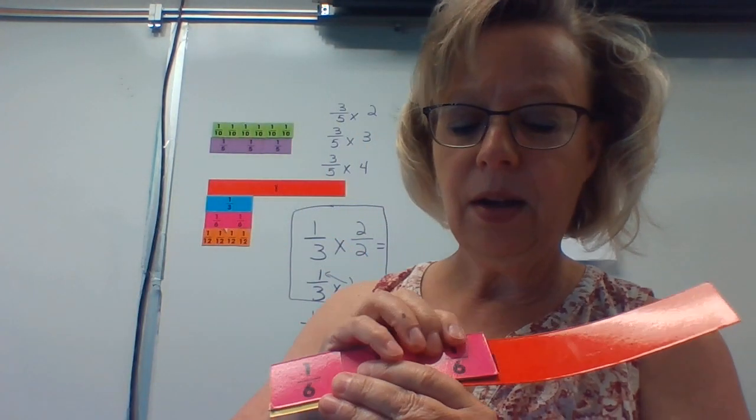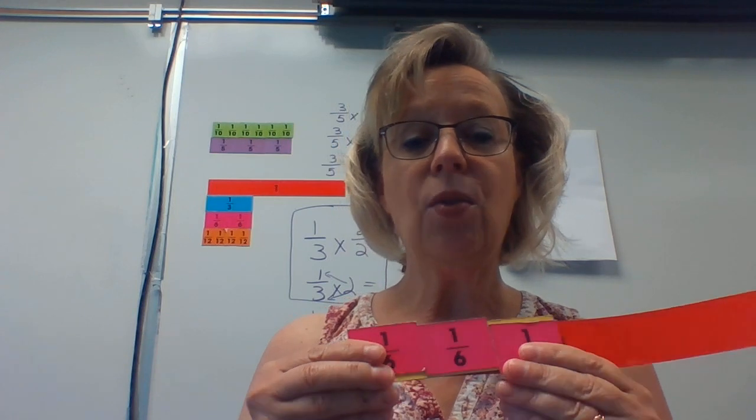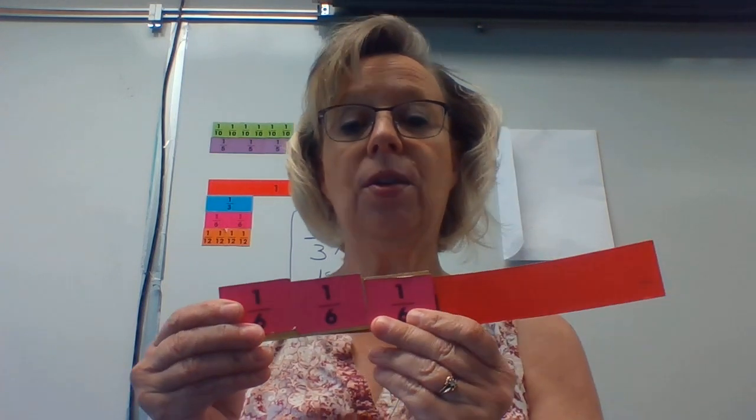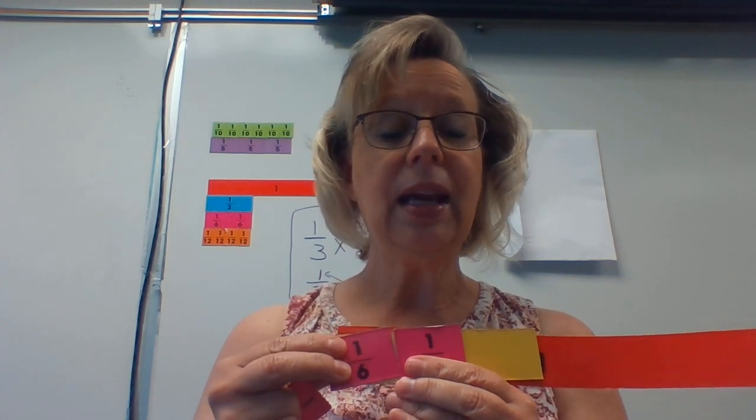There we go. Okay. The 3/6 also represents 1/2 of this whole unit. So 3/6 is equal to 1/2 would be my equivalent fraction. If I did this, then I would know that 2/6 is less than 1/2. So that's comparing.